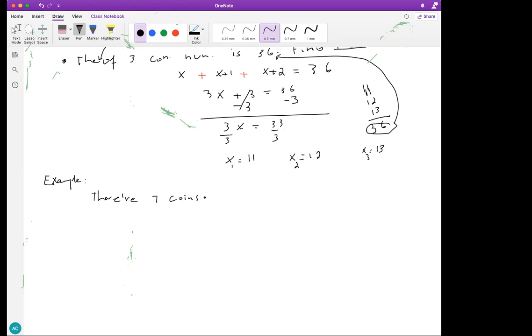Seven coins in a jar or whatever, in a pocket.